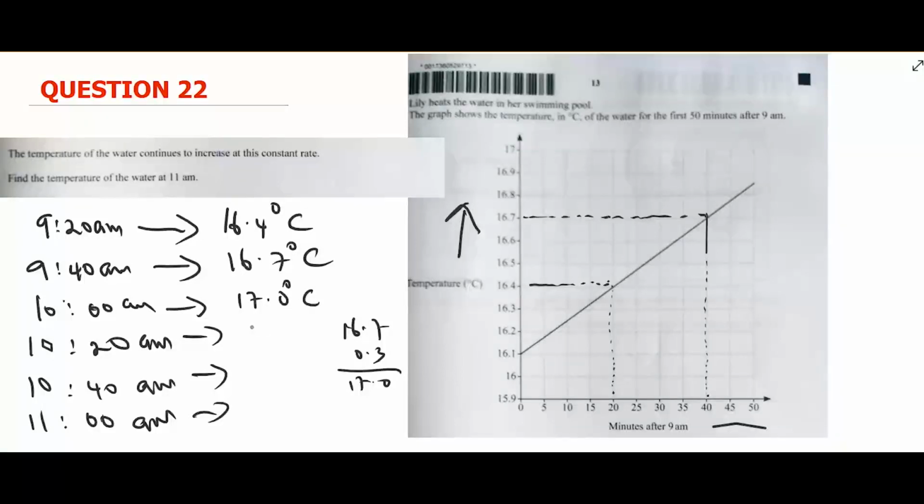For this one, it will be 17.0 plus 0.3, which is 17.3 degrees Celsius. For this one, we add 0.3 again. It will be 17.6 degrees Celsius. If you add 0.3 again, it will be 17.9 degrees Celsius. So that means the temperature of the water at 11 a.m. will be 17.9 degrees Celsius. So that is the final answer.